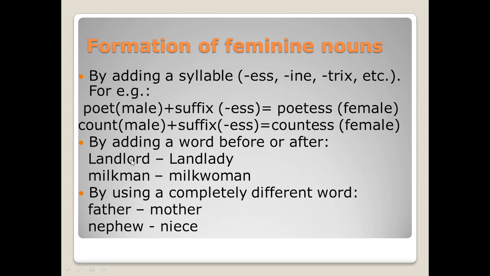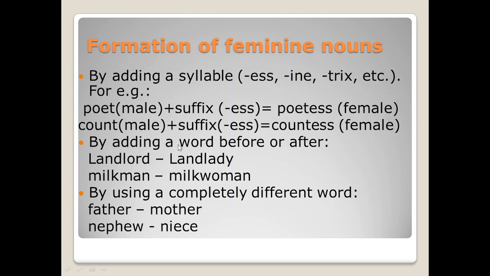Land is the same in both these words, and in place of lord we use lady to symbolize feminine, female. Another example, milkman. Again it is male, and to make it a female noun we use milkwoman: man, woman.